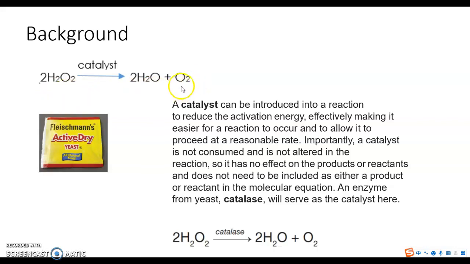For this experiment, we need a catalyst to speed up the reaction rate. And here we use catalase. It's an enzyme from yeast, serving as the catalyst here. And remember, a catalyst is not consumed and is not altered in the reaction, so it has no effect on the products or the reactants. In other words, the amount of the catalyst won't affect the amount of the products generated.